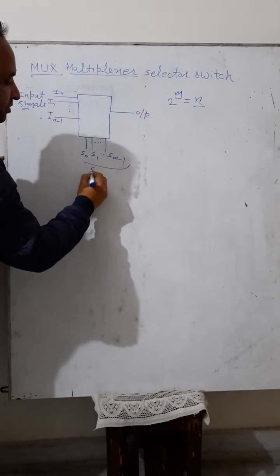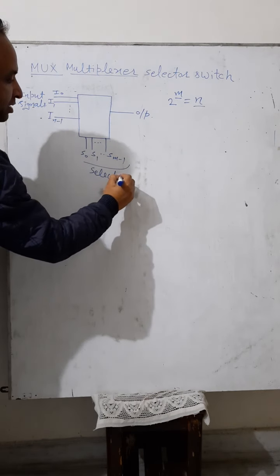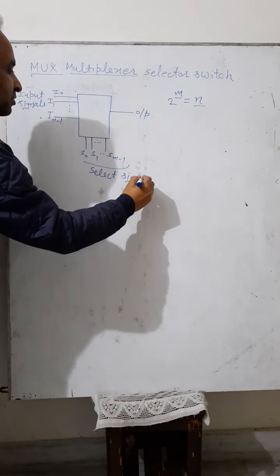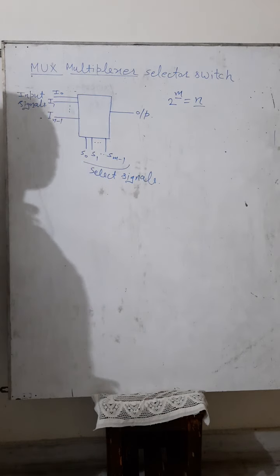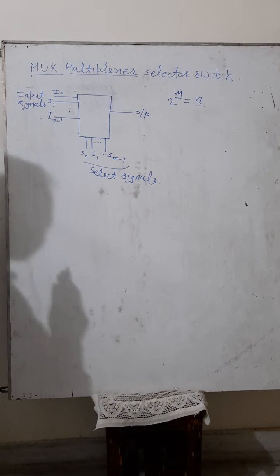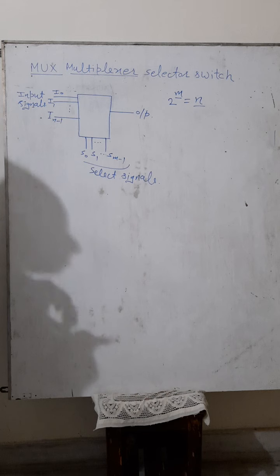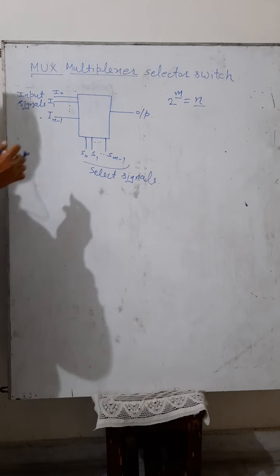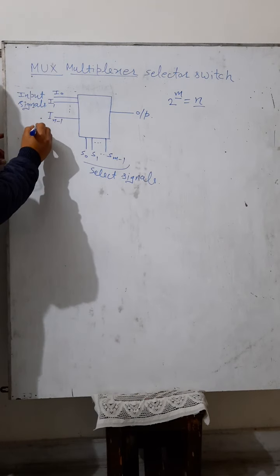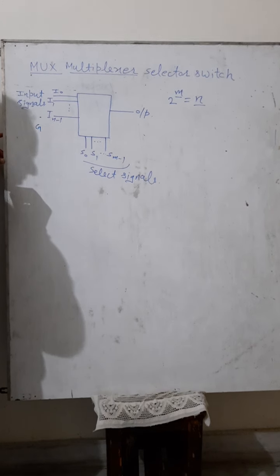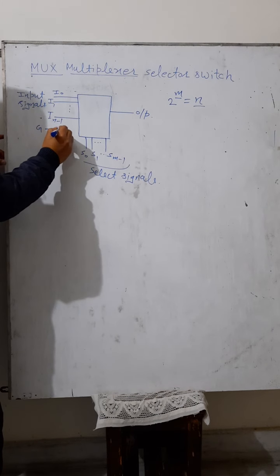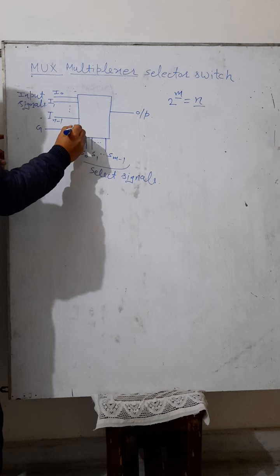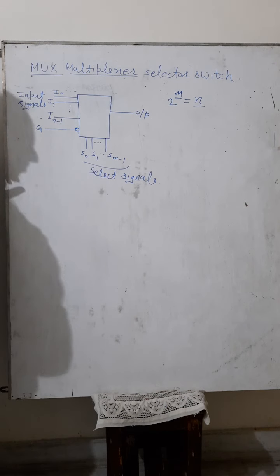These are select signals. Okay, now one more controlling signal is there, that is named G. And this signal will be connected like this.